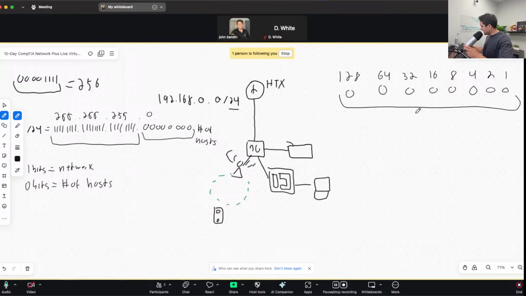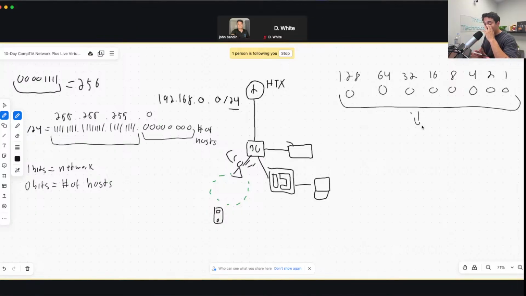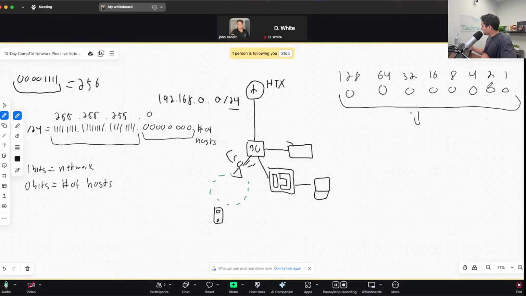That equals what? So forget what we learned about in that binary conversion chart. That's still accurate when we're converting IP to dotted decimal to binary and whatnot. But if I were to add up all these numbers, that's 256. So a /24 means you have 256 IP addresses available.